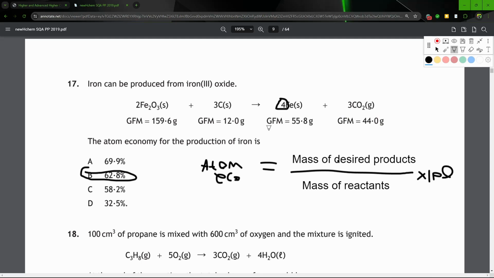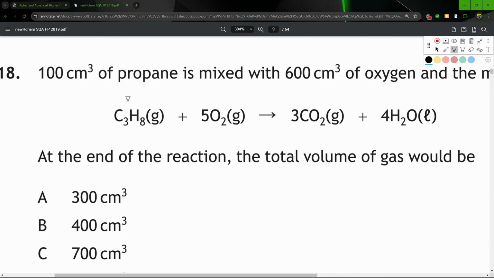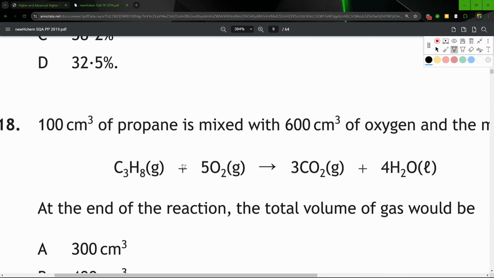And there we go. Right, move on to 18 now. 100 cubic centimeters of propene is mixed with 600 cubic centimeters of oxygen, and the mixture is ignited. At the end of the reaction, the total volume of gas would be what? So this is kind of just another moles question. They love having these moles questions, just disguising them really. What we can learn is that 1 mole in this particular reaction is 100 cubic centimeters.